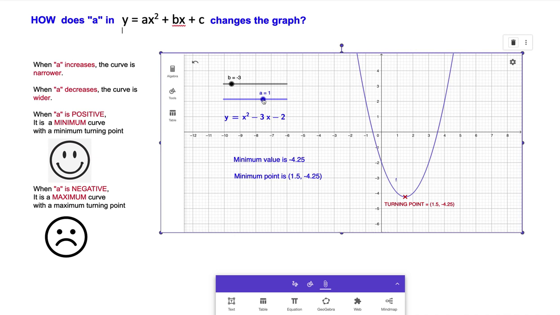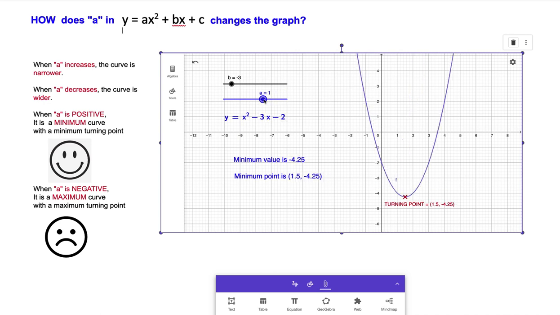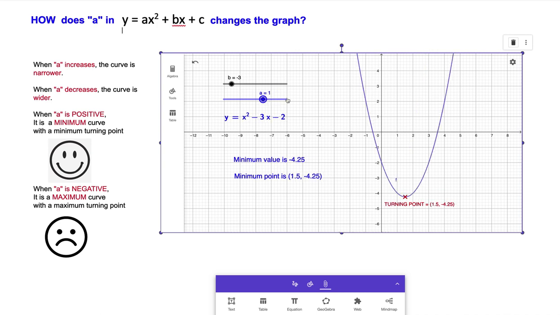Currently a is 1, and when a is 2, the graph becomes narrower. And as it increases, it becomes narrower and narrower. And when it decreases, the graph gets wider. So again, 4 is very narrow, but when it goes to 1, it becomes wider.